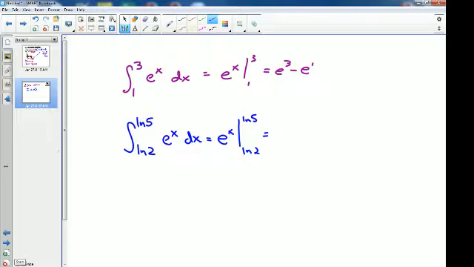So same antiderivative, you just have different limits. So we have e to the ln 5 minus e to the ln 2, which is 5 minus 2, which is 3. Okay, so you just have to know your e and natural log rules. Okay, so with the top one, you just have to find out the actual value. That's fine.